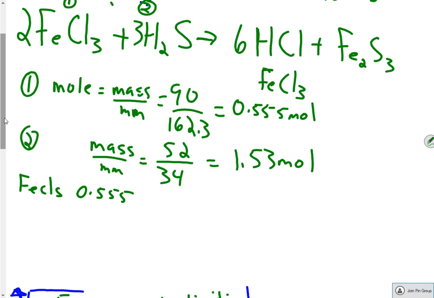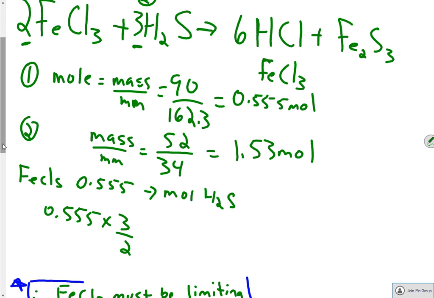So now if I want to go into moles of H2S, I check, so I go 0.555 times my molar ratio of want over no. That would give me 0.8325 moles of H2S.